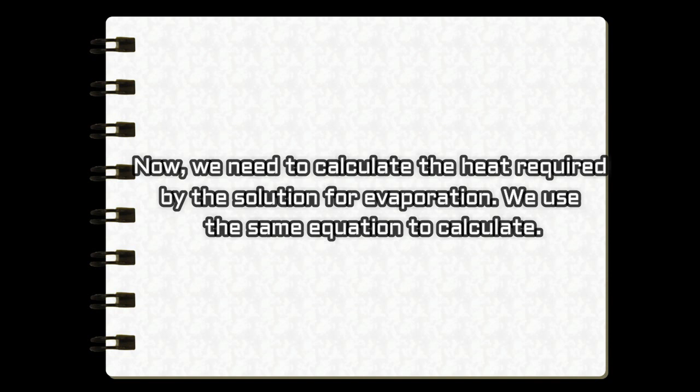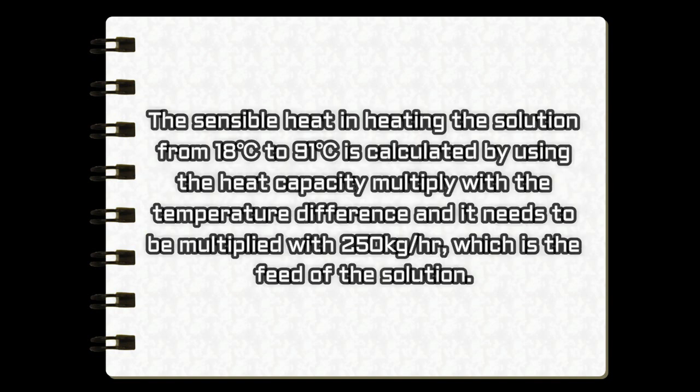Now, we need to calculate the heat required by the solution for evaporation. We can use the same equation to calculate. The sensible heat in heating the solution from 18 degrees Celsius to 91 degrees Celsius is calculated by using the heat capacity multiplied by the temperature difference, and it needs to be multiplied by 250 kg per hour, which is the feed of the solution.